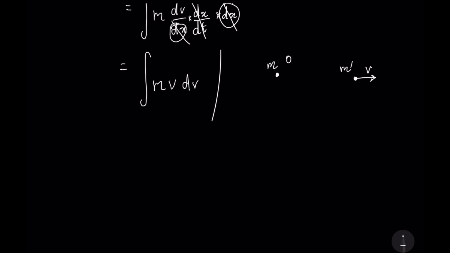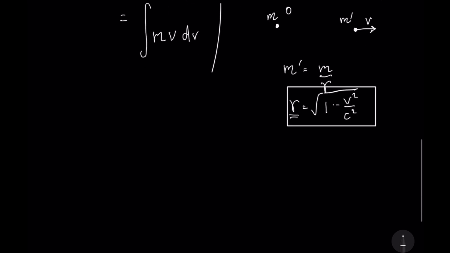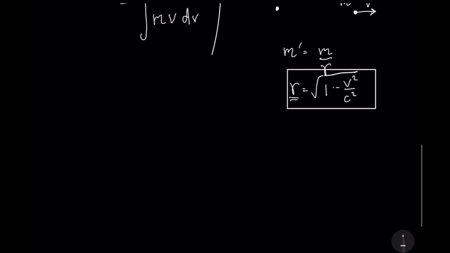And what Einstein's equation tells us is that m dash is equal to m by gamma, where gamma is the root of 1 minus v² by c². Now this has been denoted by gamma because it appears very frequently in special relativity. So it becomes quite convenient to use gamma.